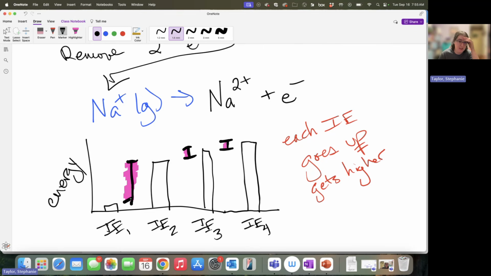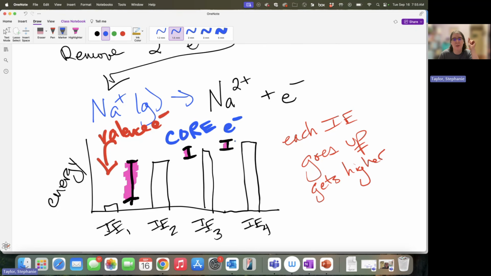What I hope you can see is that the gap in between 1 and 2 is the biggest. That means that the small bar is a valence electron. And my big bars over here are what we refer to as core electrons.